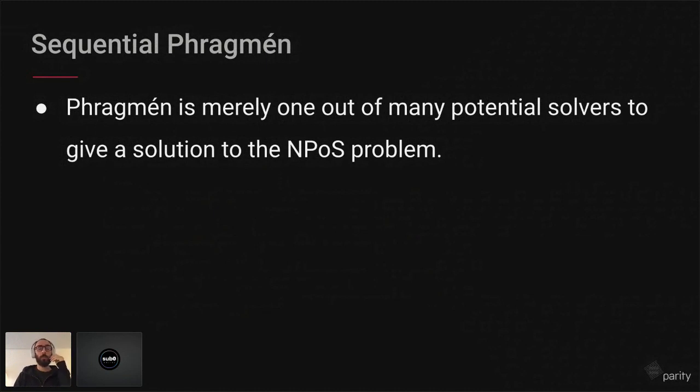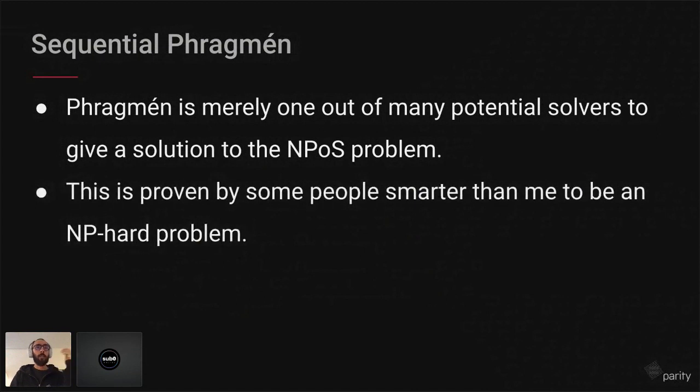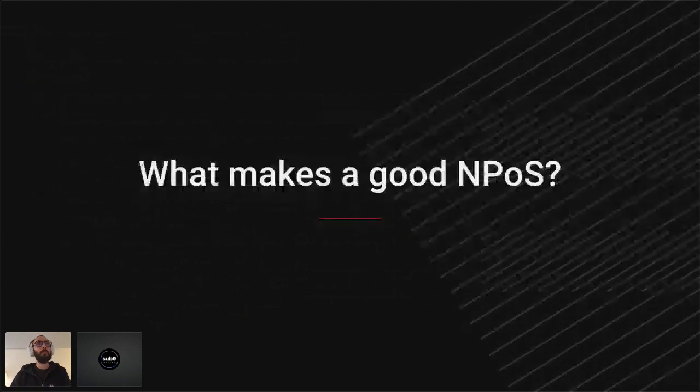I also just introduced a very bad solver, but it still solved the same problem, which divided all the stakes equally. And some people who are way smarter than I am have proven this to be an NP hard problem. It's an optimization problem. You're basically trying to optimize a few parameters.